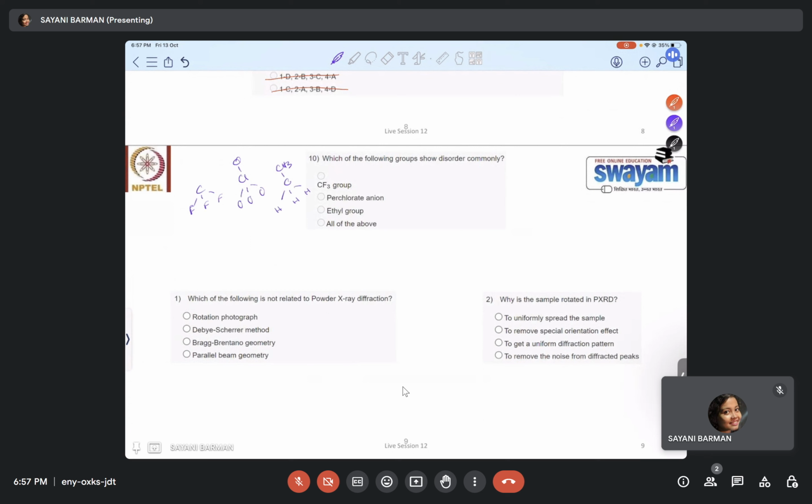Now, tetrahedral compounds exhibit disorder due to the nature of the coordination and the flexibility of certain molecules or ions within the structure. So why is it? One of the reasons is symmetry and flexibility.